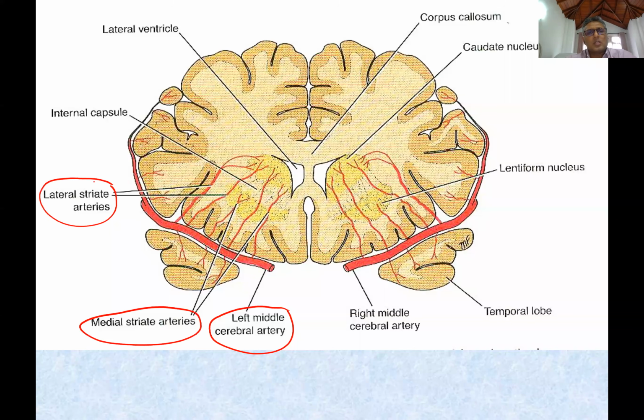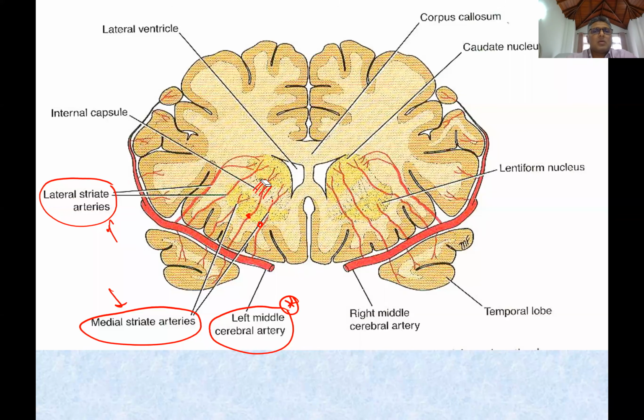Now usually when you get strokes, you know what are strokes? You get a blood clot blocking one of these arteries, or sometimes you get bleeding from one of these arteries. It is usually not the main artery that gets affected in strokes, but these medial or lateral striate arteries. So if you block one or several of these arteries, you get effects on the internal capsule.